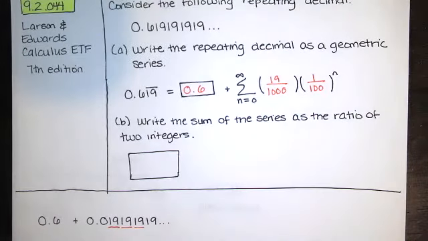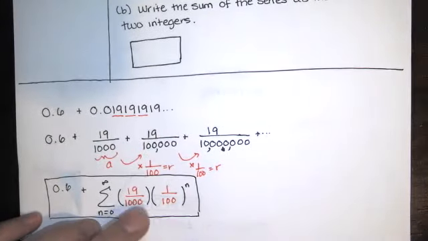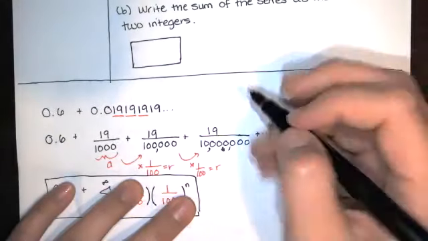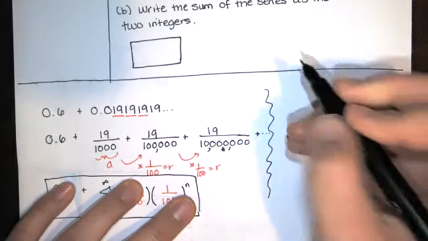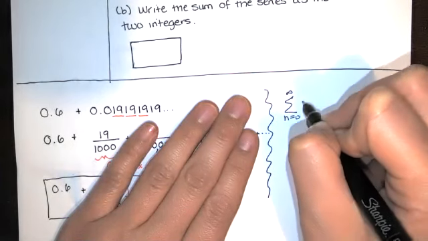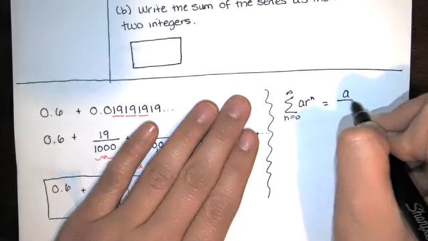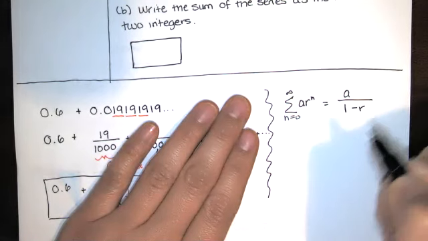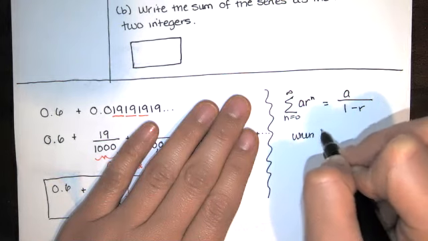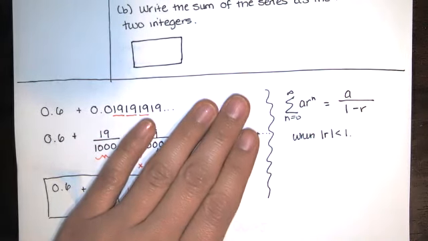And now we're asked to write the sum of the series as a ratio of two integers. Well, according to our formula for geometric series, the sum as n goes from 0 to infinity of a times r to the n converges to the first term over 1 minus the common ratio, provided that the absolute value of r is less than 1. Otherwise, it diverges.